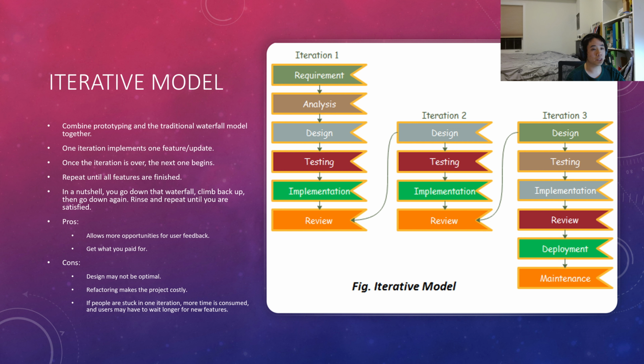So you run your first iteration. That's why the model is called the iterative model. So in your first run of the waterfall, you define a certain feature, or maybe you start documenting the requirements of the overall system, and you start developing one feature. Then when you're ready to release this feature, you just deploy it.